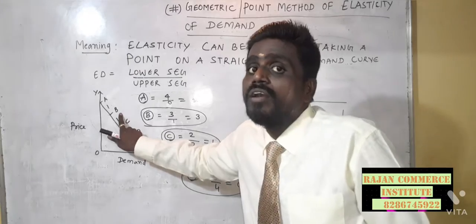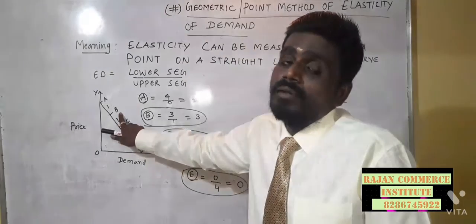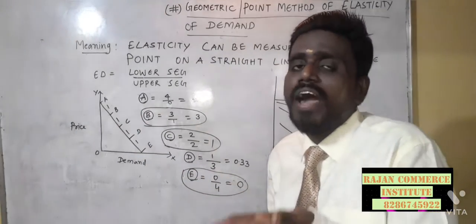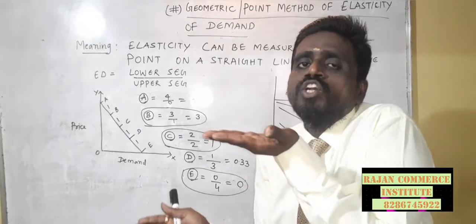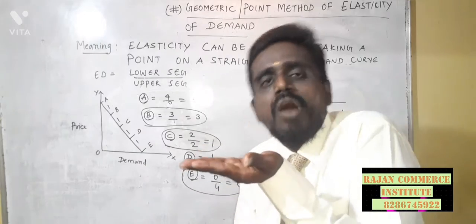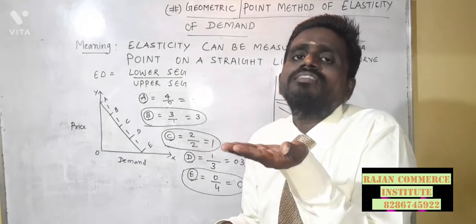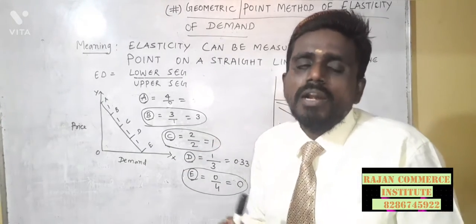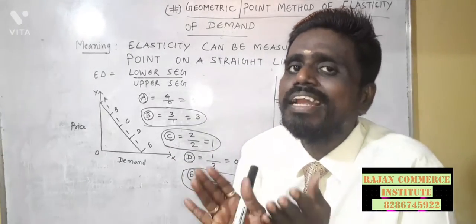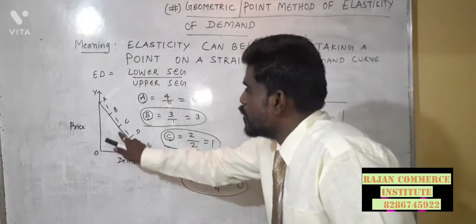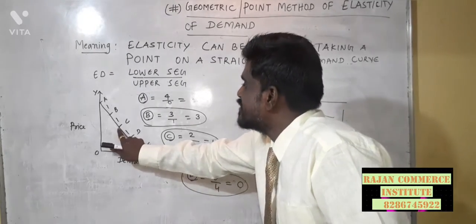Here the ED is greater than 1. That means when the price rises by 5 units, the demand falls by 10 units. The price is rising by 5 units, demand has fallen by 10 units, so ED is greater than 1.